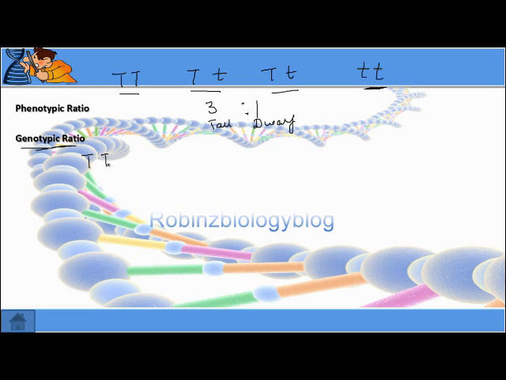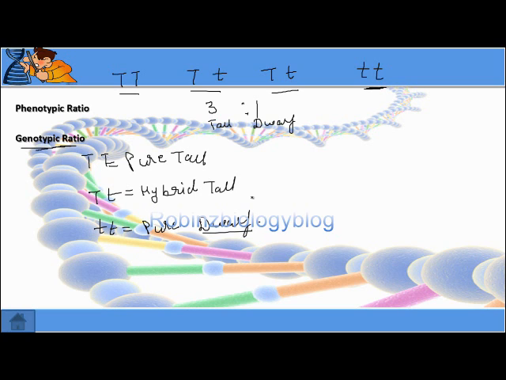So we call this condition pure tall, this one is a hybrid tall, and this one is a pure dwarf.